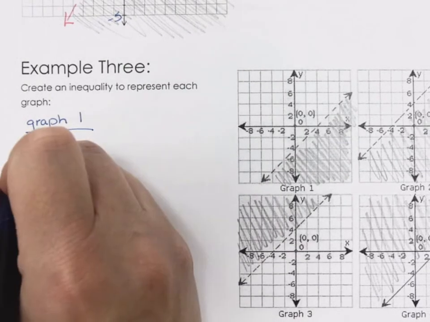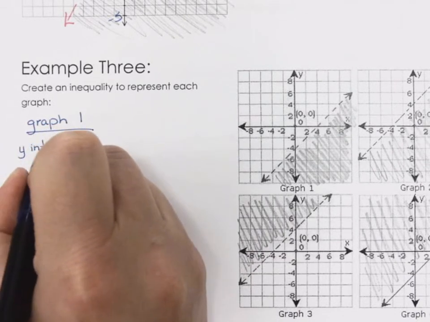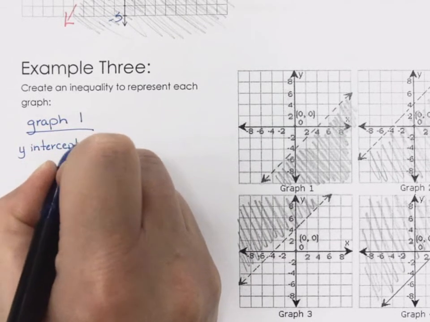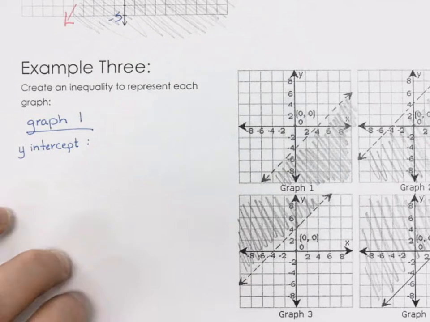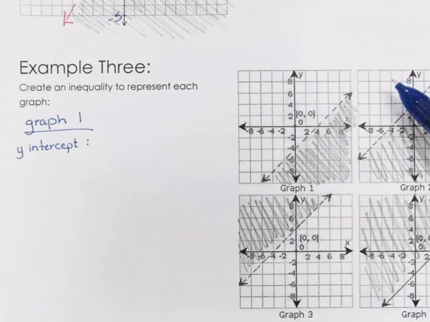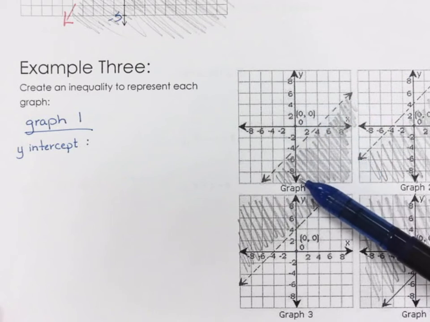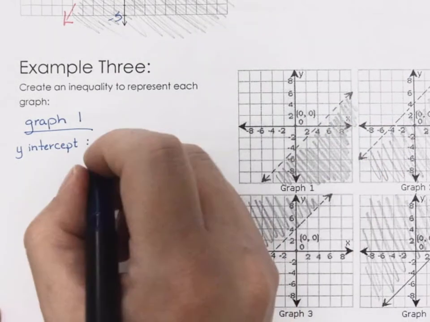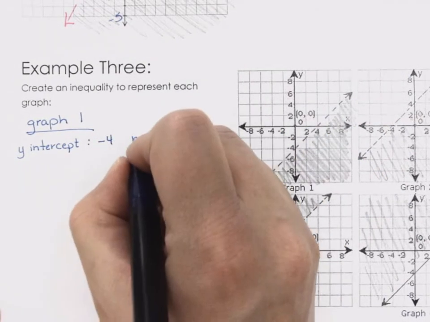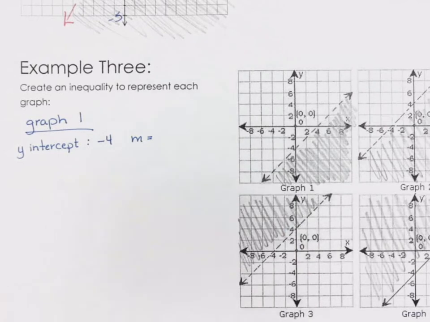So what's the y-intercept? So where does this inequality cross the y-axis? -4. Okay. And now what's the slope?